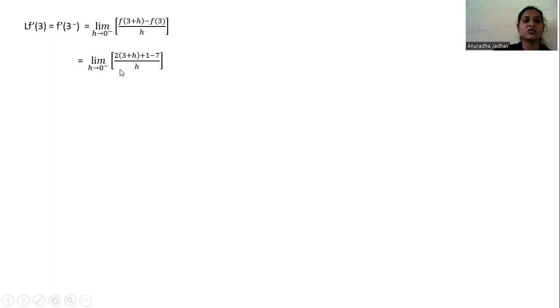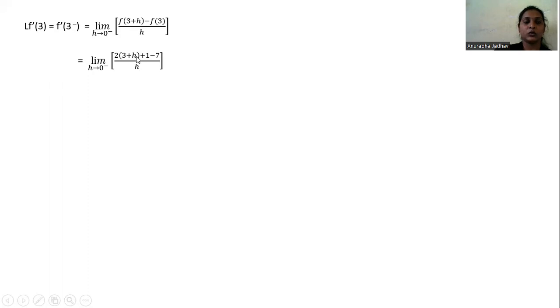Here for the left hand side limit, use the function 2x plus 1, and x is replaced by 3 plus h. Therefore, 2 into 3 plus h plus 1 as it is, minus the value of f of 3, which is 7, divided by h as it is.